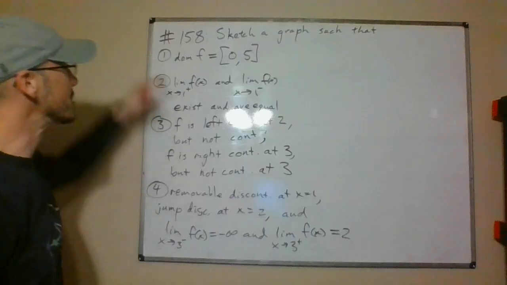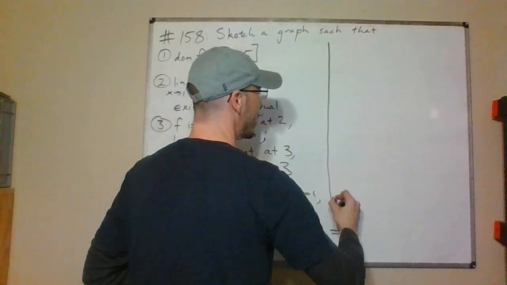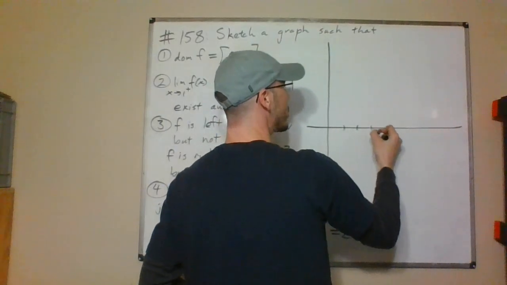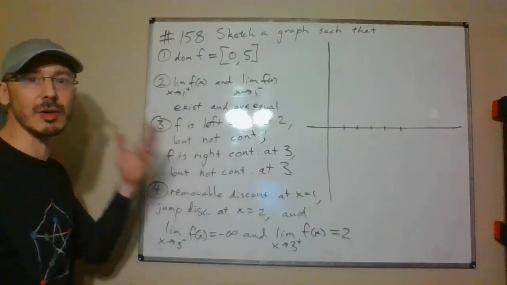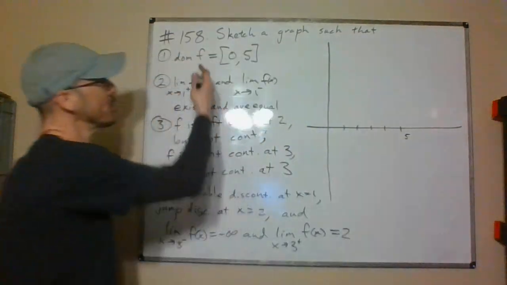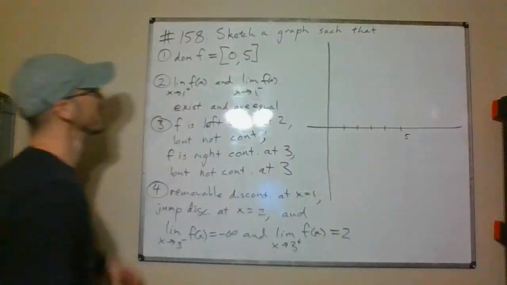I hope I can still fit the graph on here. The good news is we're looking at a really narrow section, so I'm going to make a graph where I'm just going to go 1, 2, 3, 4, 5. If it seems like I need a different scale on the other axis, maybe I'll do that, but that's 5. That's where this whole business is living, according to the x-axis.